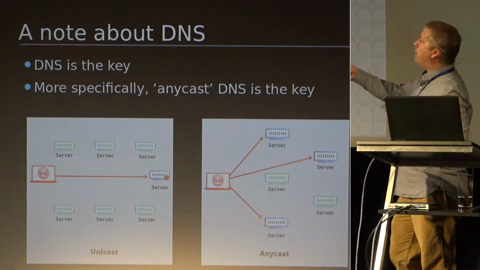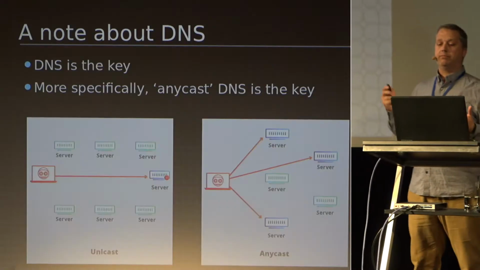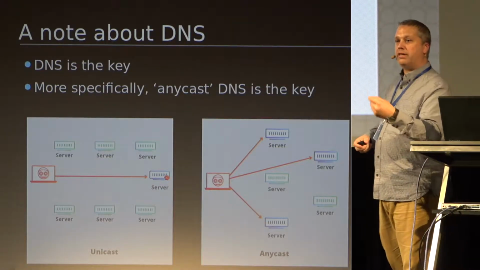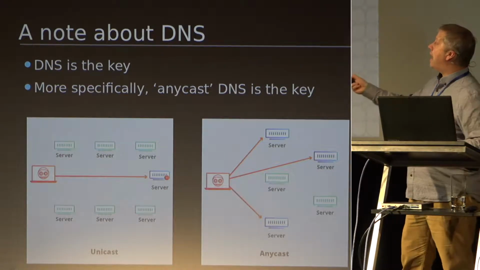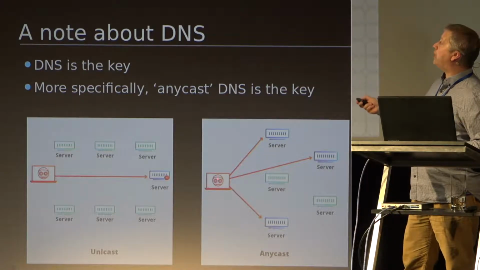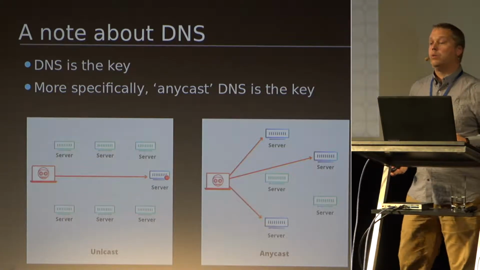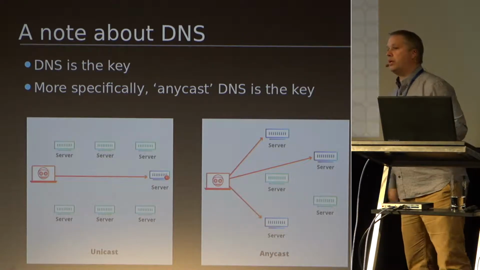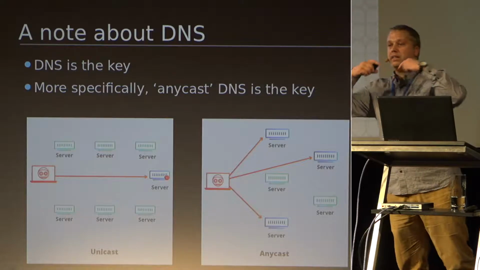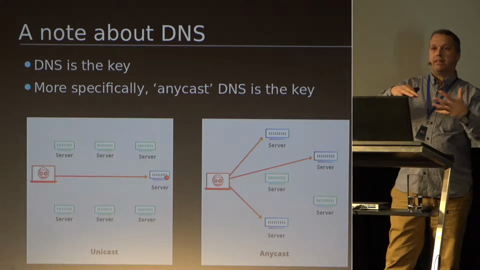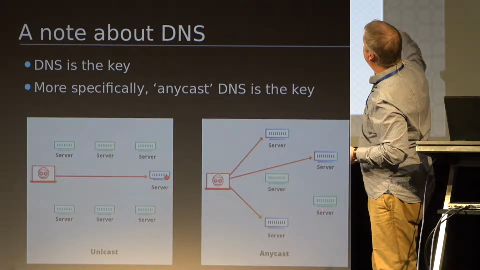So when this person here says, I want to access this IP address for whatever reason, be it for a DNS query or whatever, then the network knows the IP address, and says, well, the quickest way for you to get to that IP address is to look at it on that host. Whereas if I'm a person over here, the quickest way for me to get to that IP address will be on that host.